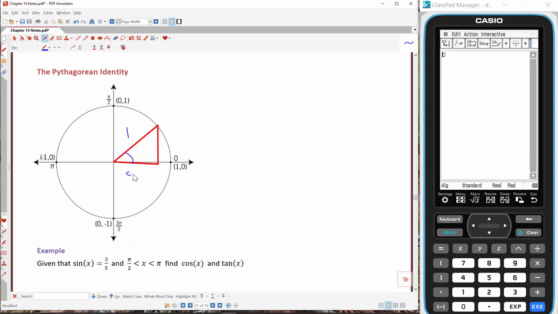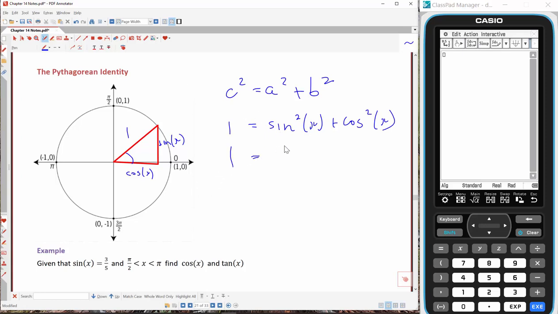This value here is cosine x, and this one here is found by doing sine x. All right, and what we can do is piece it together using Pythagoras' theorem, which is, remember, c squared equals a squared plus b squared. Okay, and in this case here, what we've got is the hypotenuse, so 1 equals sine squared x plus cosine squared x. Now, note the interesting notation there.